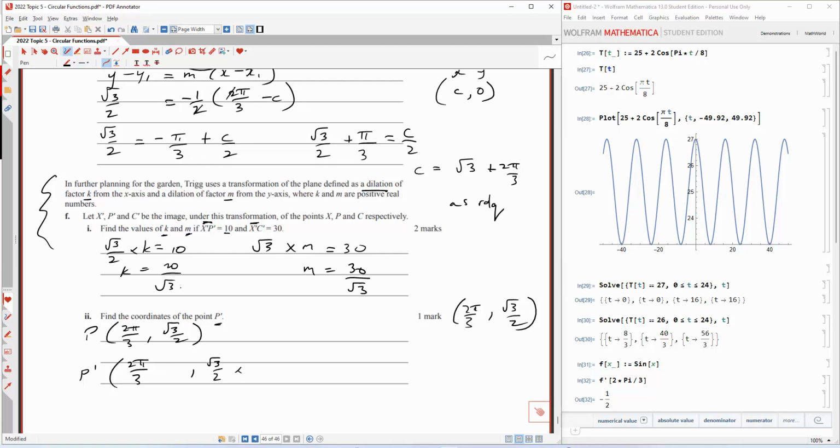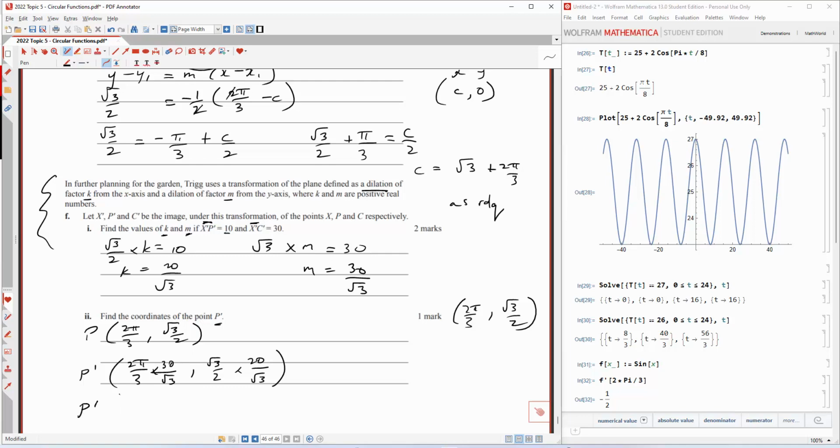We're going to multiply that by, so which one's the from the x? k from the x. So this is going to be the one that we multiply by the y. So 20 over root 3. And this one here, 30 on root 3, is the one we multiply by the x, because this is the dilation from y. Whew, tough question this.